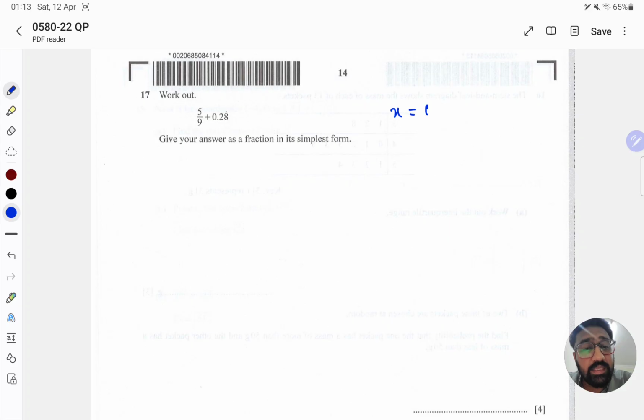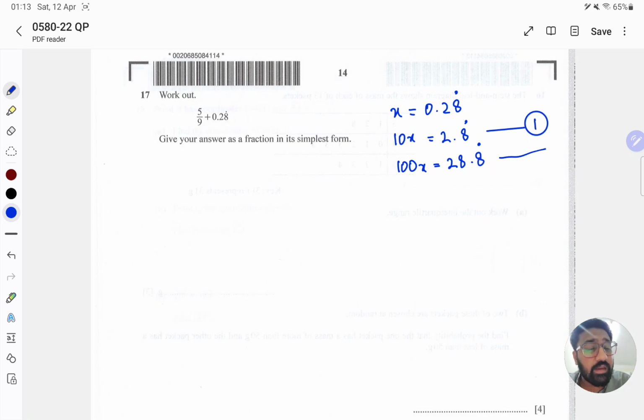We will let x equal 0.28 recurring. First we'll multiply both sides by 10 and it will give us 2.8 recurring, and then we'll multiply the first equation by 100. So it will be 100x equals 28.8 recurring. Now we will subtract equation 1 from equation 2, the left from the left and the right from the right.